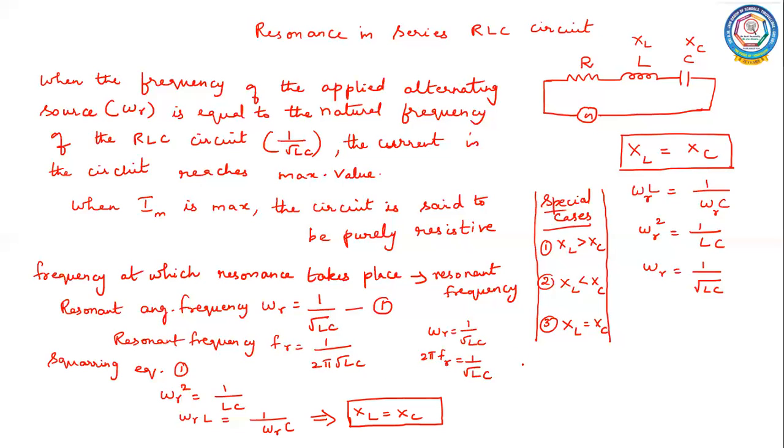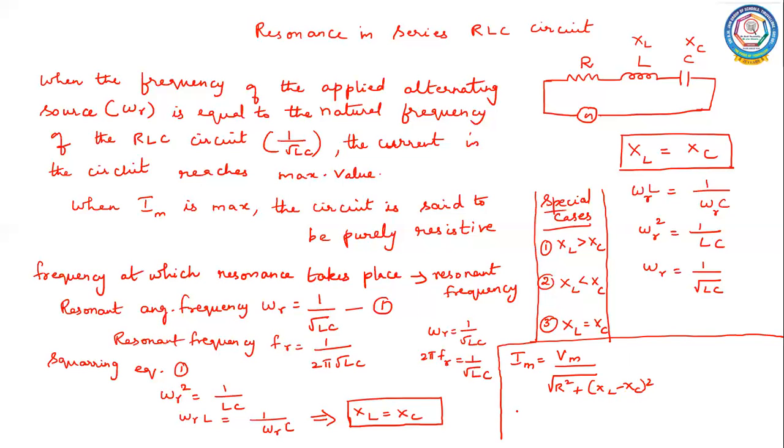So when electrical resonance is occurring in a circuit, as I told you, the current value will be maximum. So in that case, the value of current will be Im is equal to Vm by root of R square plus XL minus XC the whole square. Now this formula we have already derived in the RLC circuit. Now here at resonance, XL is equal to XC. So this term will not be there at resonance condition.